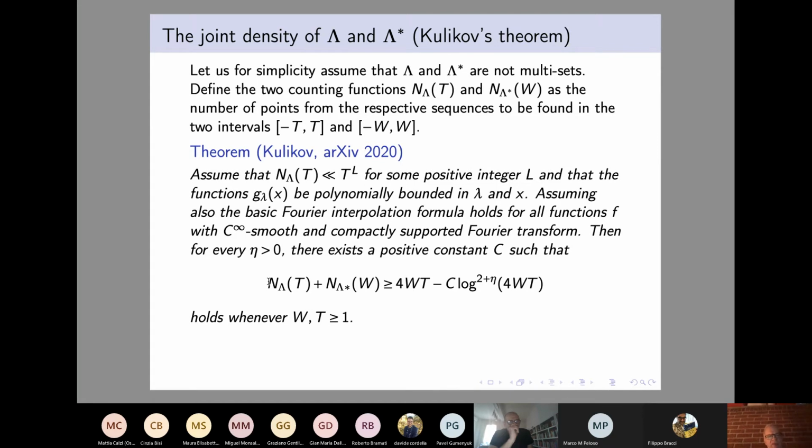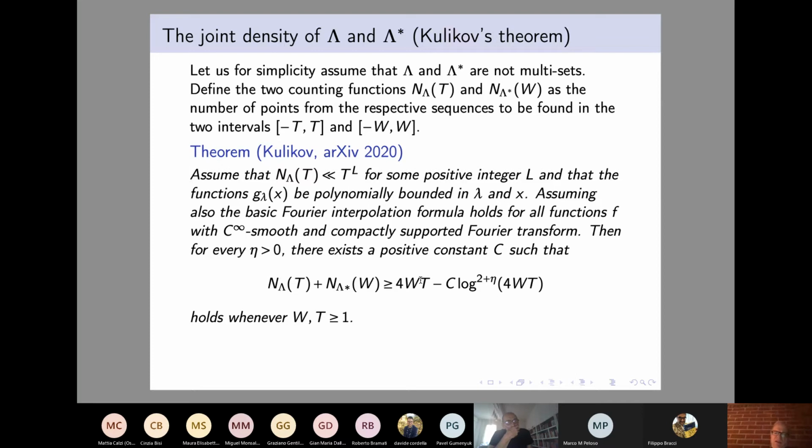You should add the number of points that you have on these two intervals, and this sum should exceed 4wt minus a small term, and this holds whenever w and t are, let's say, larger than or equal to 1. There are some technical assumptions here, but we can basically ignore that. Whenever we have a Fourier interpolation formula, we need to have this density relation between the two sequences.